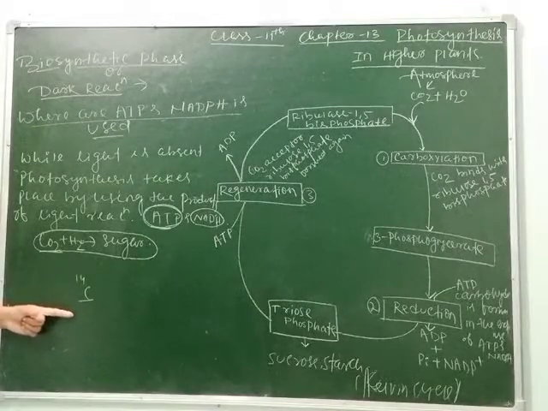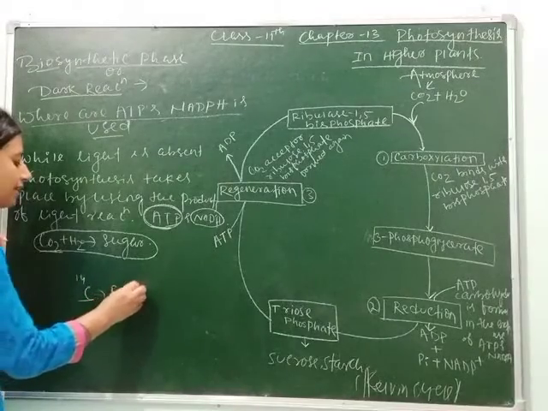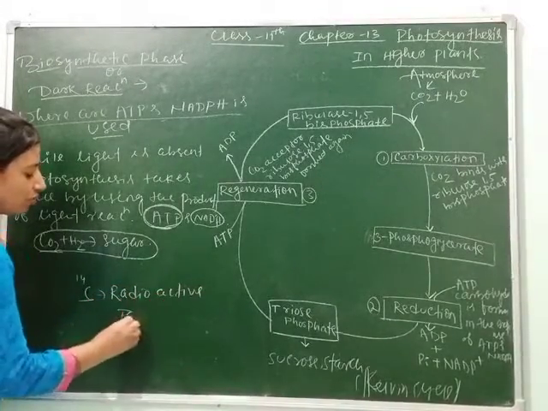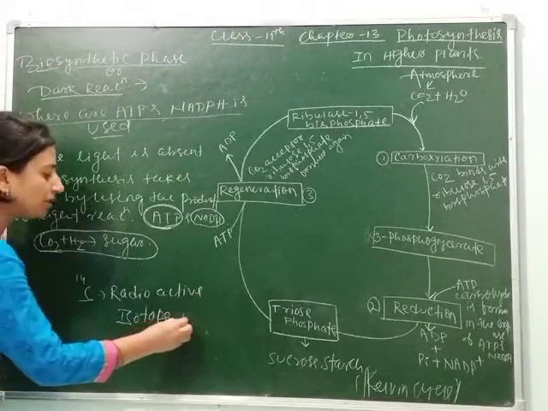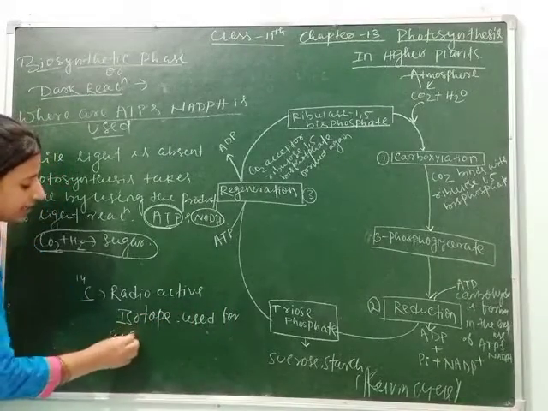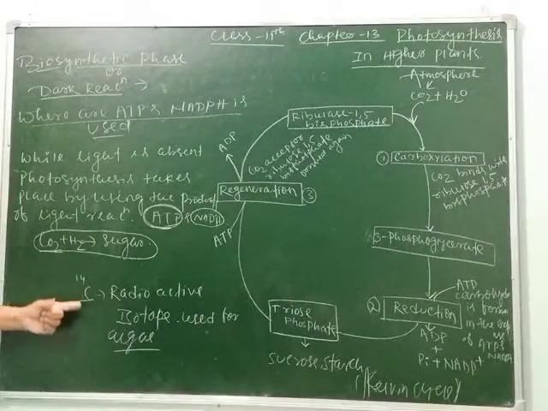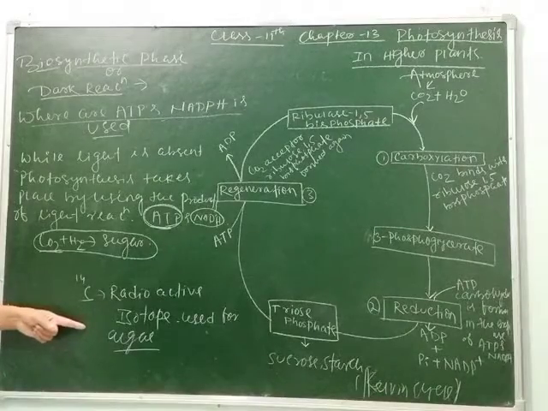Remember students, carbon 14 is a radioactive isotope, and it was used for algae to see how algae do their photosynthesis.